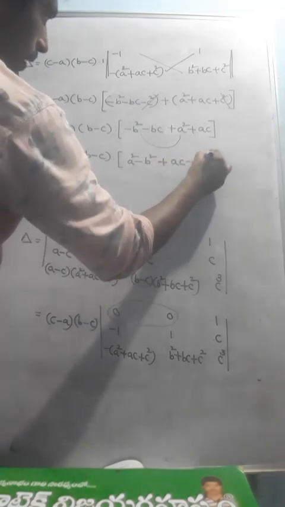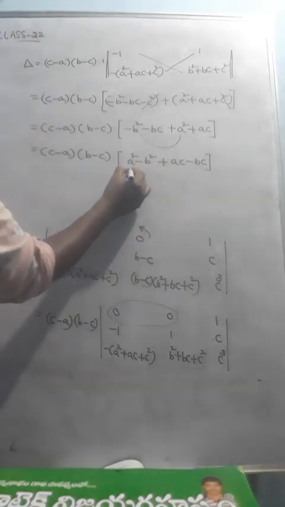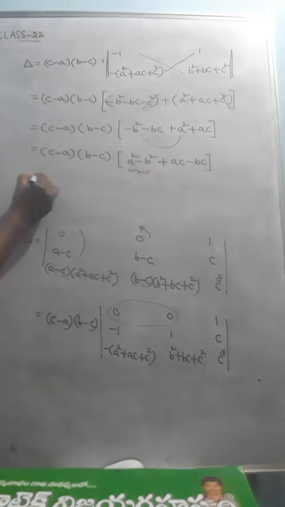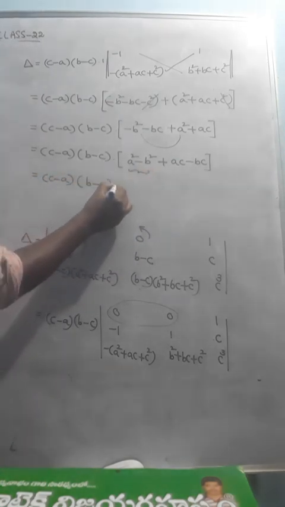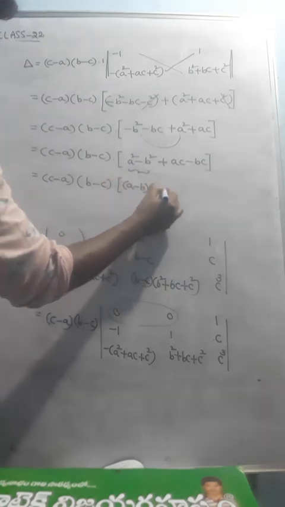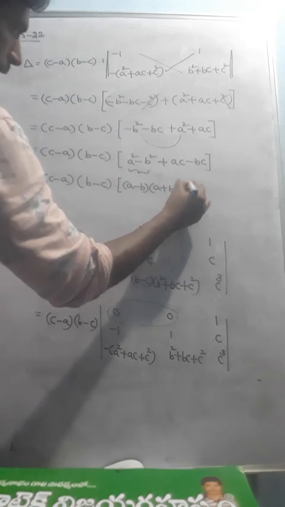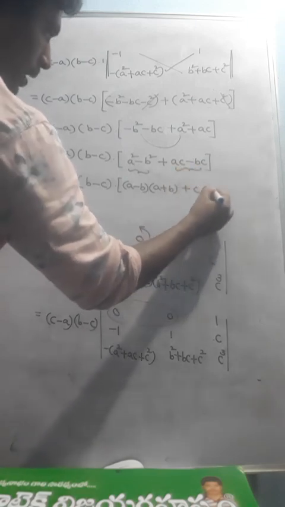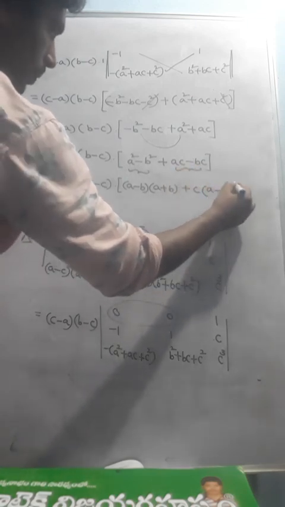These two you can write as, that is equal to C minus A into B minus C into, so A minus B into A plus B, and from these two you take C common, then A minus B will come.